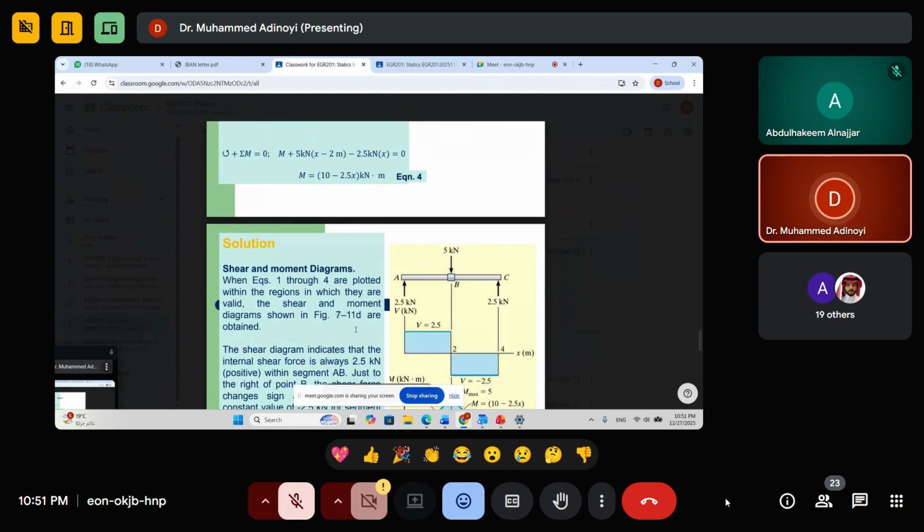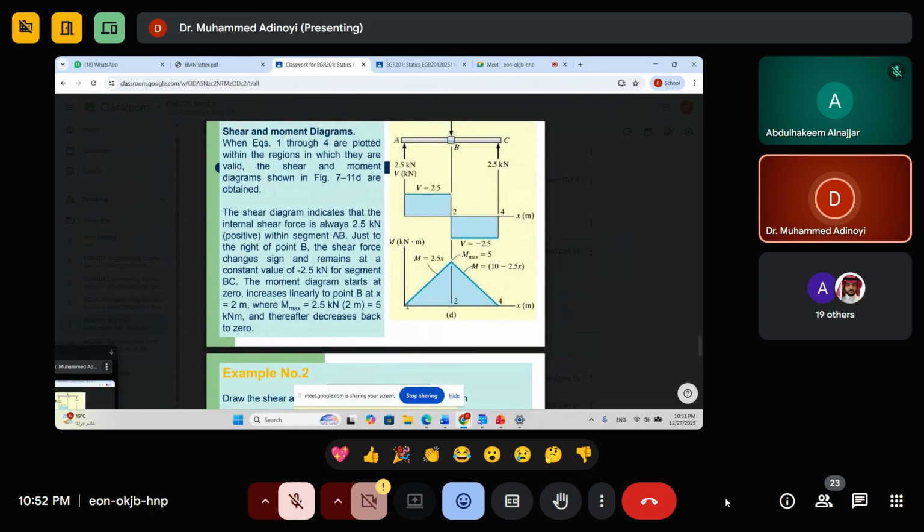That is why when they draw the bending moment diagram, from here to here, it was rising, because as I continue to increase the value of x, this is going to increase. And as I told you, when you get to a load, the direction of the bending moment will change. So using the second equation from here, after the load, it is going to go down.